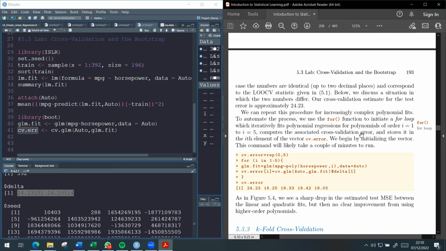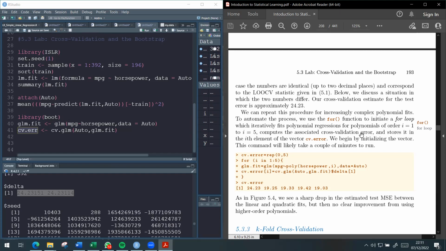We can repeat this procedure for increasingly complex polynomial fits. To automate the process, we use the for function to initiate a for loop which iteratively fits polynomial regressions for polynomials of order 1 to 5, computes the associated cross-validation error, and stores it in the ith element of the vector cv.error.